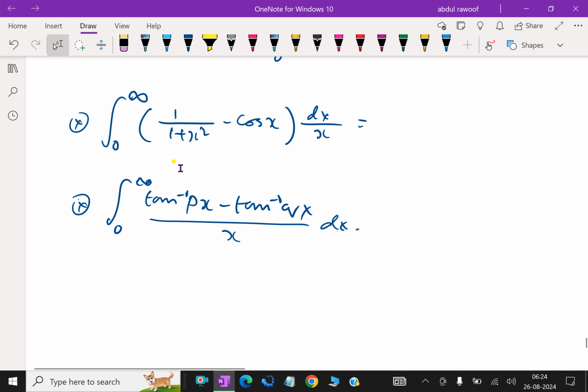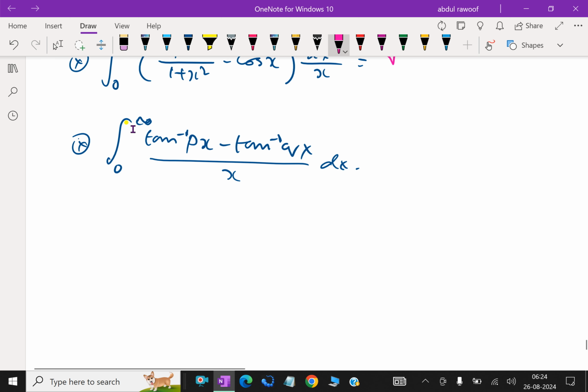Next one, 0 to infinity 1 over 1 plus x square minus cos x dx by x is also a gamma function. Next one, 0 to infinity tan inverse px minus tan inverse qx over x dx equal pi by 2 ln p by q.